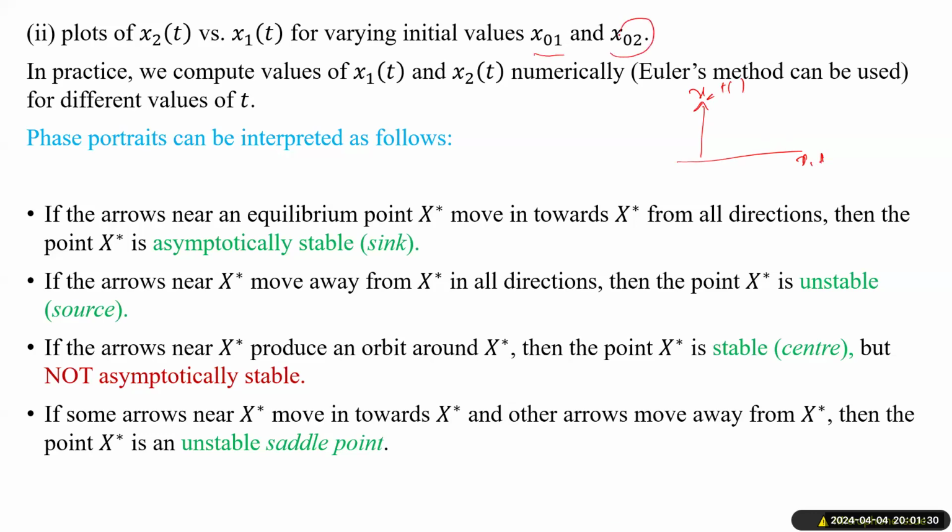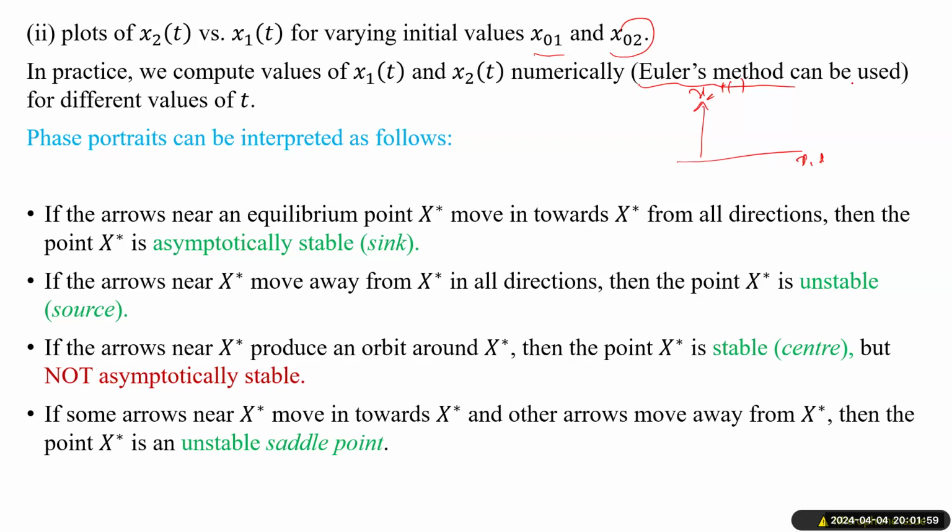Sometimes we compute these values using numerical methods that we discussed in the first part of the dynamical systems, such as Euler's method, which can also be used for different values of t. So how do we analyze those plots, the phase portrait plots?